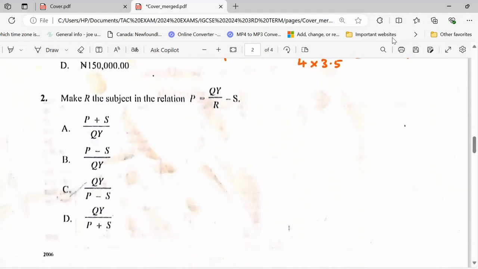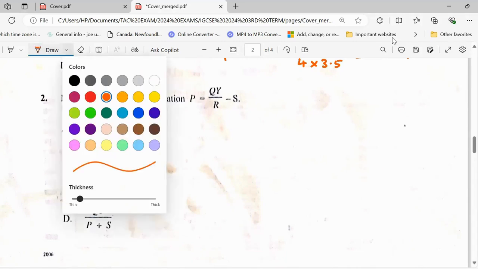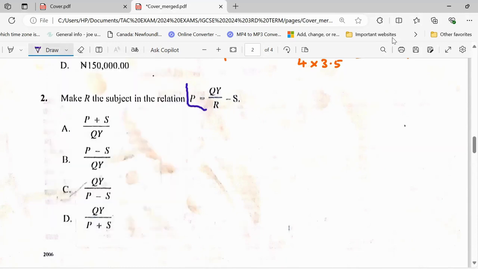Now look at question number 2. Question number 2, what are we asked to find? We are asked to make R the subject of the formula.